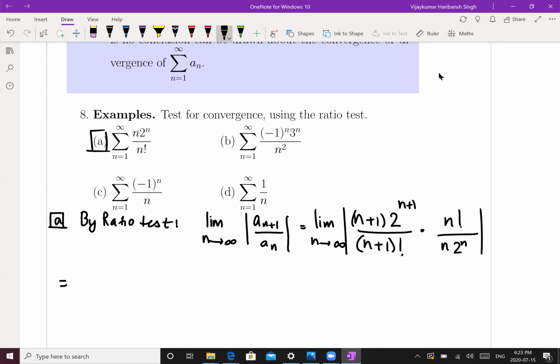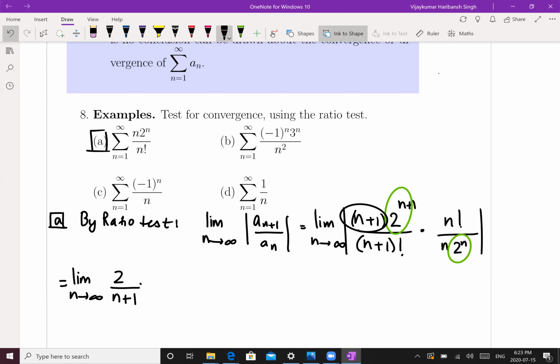So I'll continue here. Limit as n goes to infinity. Now, you have this term and this term, that will simplify to give you what? 2. n plus 1 factorial upon n factorial will give you n plus 1, and that will cancel out with the n plus 1 on the top there.